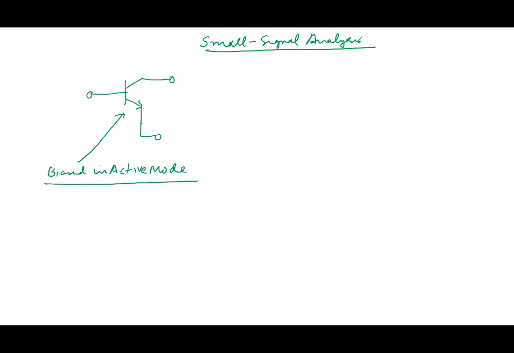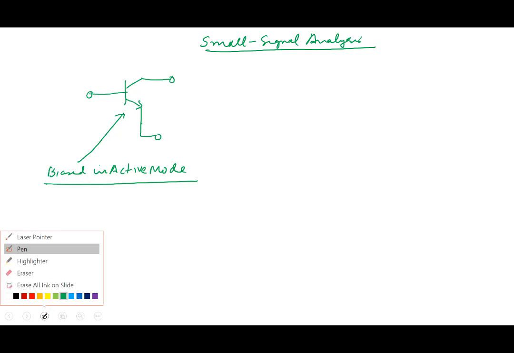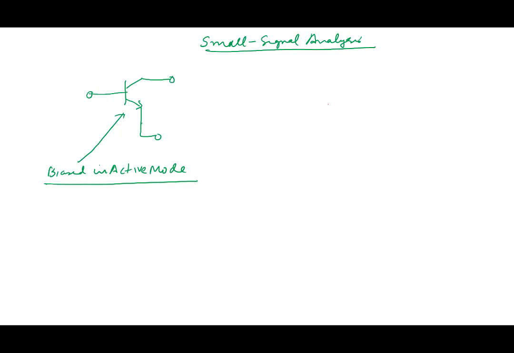Now I'm going to ask you a certain set of results. If I take this transistor, already biased in active mode, consider the following. The same transistor, with this same ground; it doesn't really matter what the voltage is here.